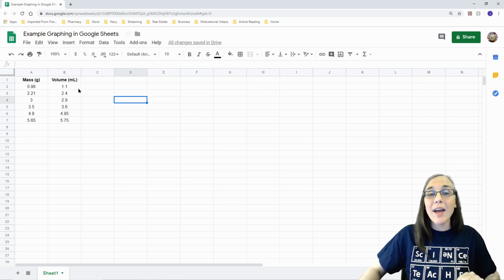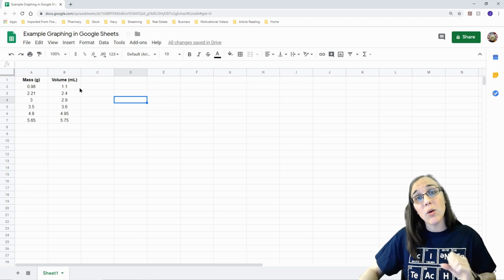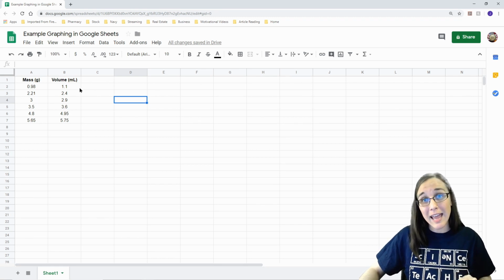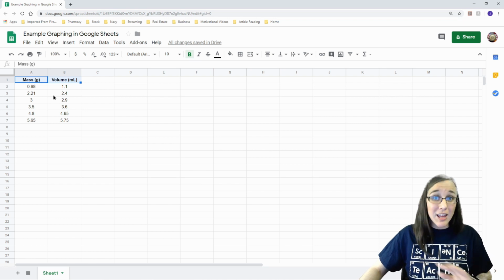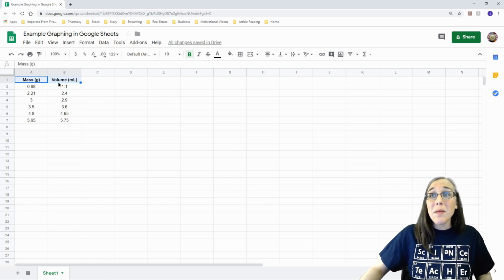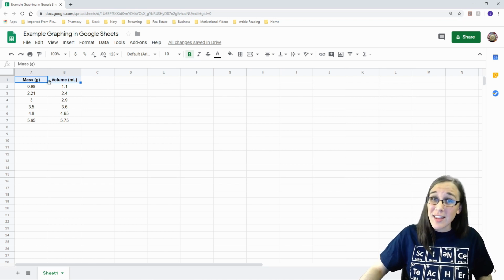You have to have any kind of letters separated from your numbers in order to graph efficiently and effectively. Please make sure, before you go any farther, that your column headers are the only things that have your unit in them, not your number values below them that you intend to graph.